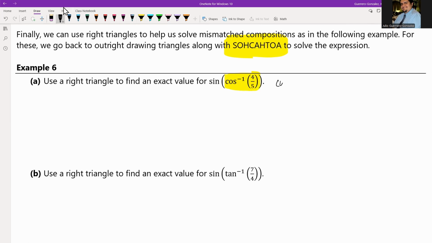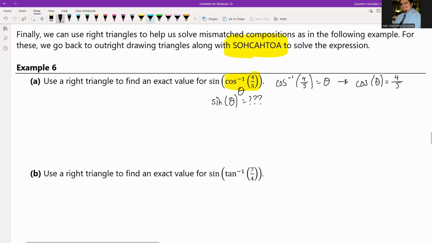Cosine inverse of 4/5 is equal to some angle theta, right? Cosine of some angle theta has to be equal to 4/5, right? I made that theta, so what I'm looking for now is sine of my theta. What is this equal to, right? Okay?